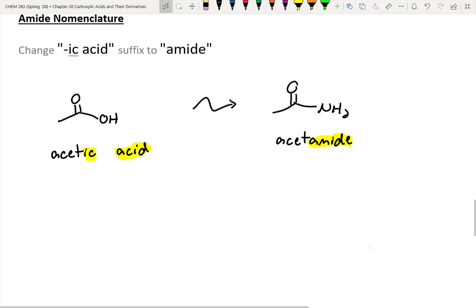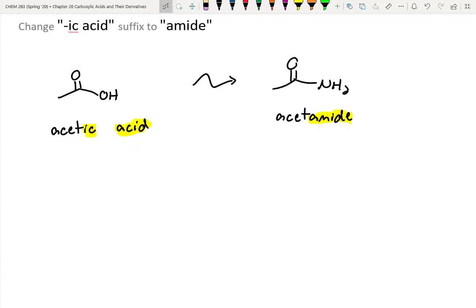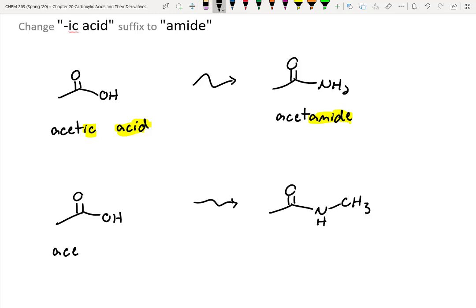All right, let's take a look though, because there are amides that are a bit more complicated. So let's say again, we've got acetic acid, but this time we don't have an NH2 group on here. Rather, we've got a methyl group coming off the end. So again, we're going from a carboxylic acid to an amide. The parent carboxylic acid is called acetic acid. We've got this ic acid that we know we need to drop.